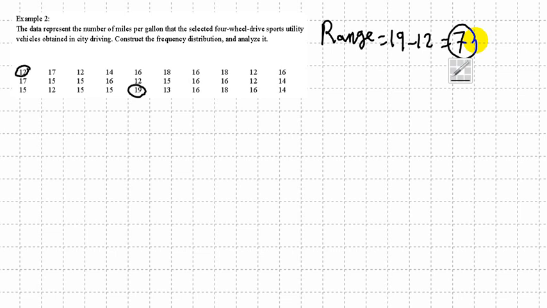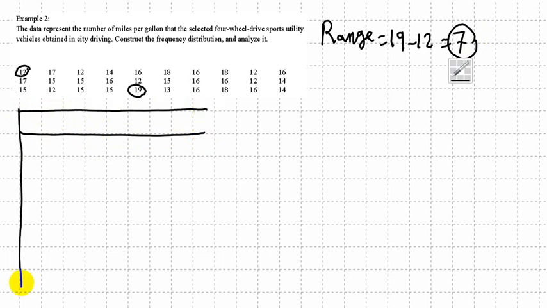But for now, since we have a range of 7, I can construct a table containing only 7 classes. And as you know, the frequency distribution table consists of basically 2 main columns. The first column is the class, the second column is the frequency.